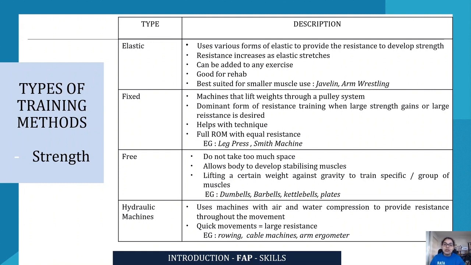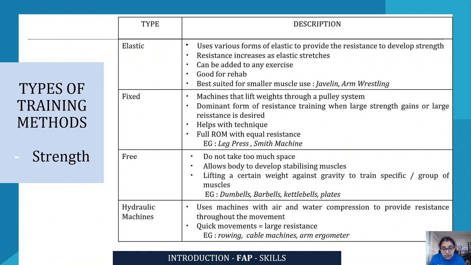With that you're focusing on development in your biceps, your triceps, your deltoids, your back as well, your lats. So they're better for targeting a range of muscles. It helps with technique, and it also helps us achieve full range of motion with equal resistance. So for example, leg press, Smith machine as well.